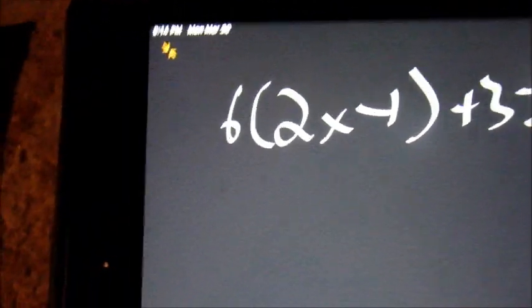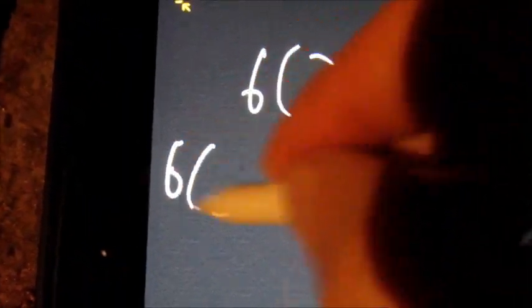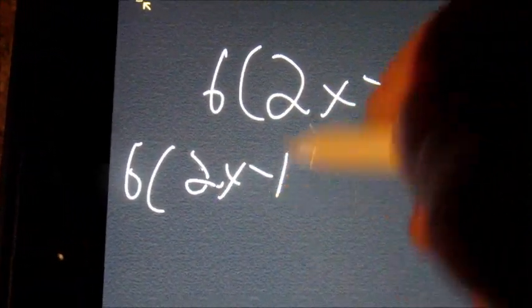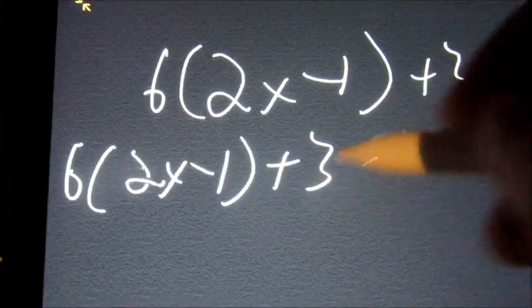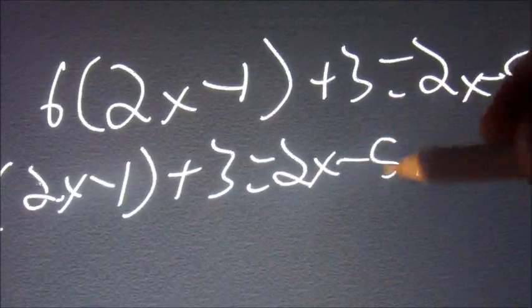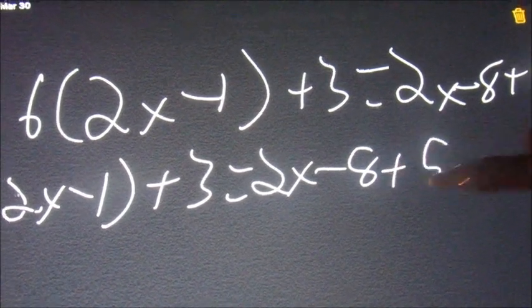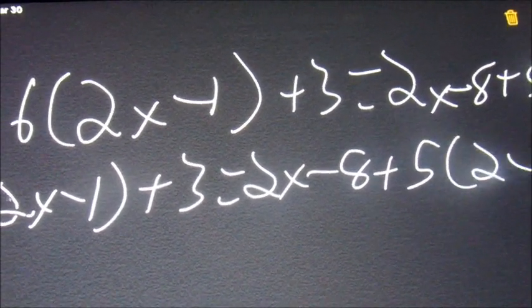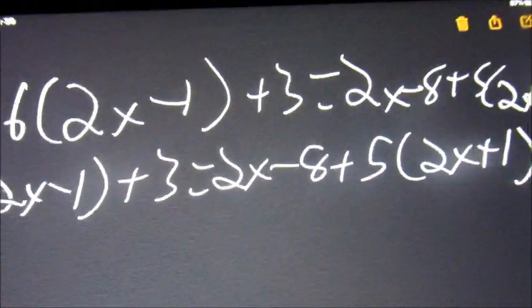Okay, I will rewrite this to make it a little bit easier to read. 6(2x - 1) + 3 equals 2x minus 8 plus 5(2x + 1).